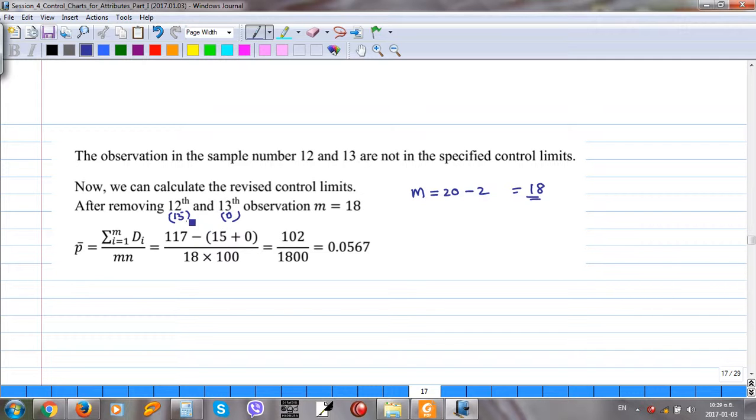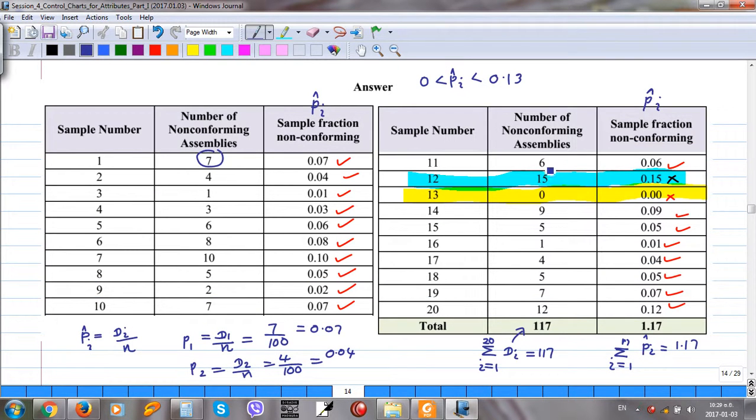So we have to remove these, then we can find the total, that 15 plus 0, then mn again. Then if we remove these, we can find the new p bar, that is 0.0587. Nothing special, we remove these two and calculate.